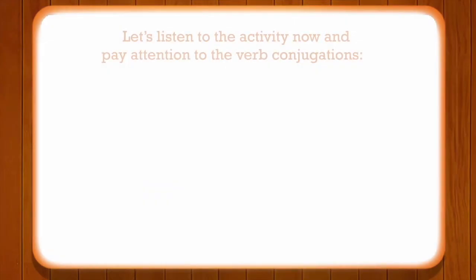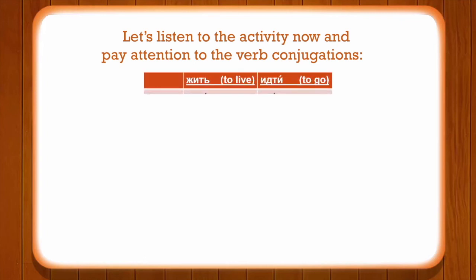So now, as we have discussed various other forms of different verbs of Russian, we will pay attention to their conjugations one by one. So here I would like to take your attention to certain verbs which we use often in the text which we have covered, such as жить and идти. As you can see, жить means to live and идти means to go.